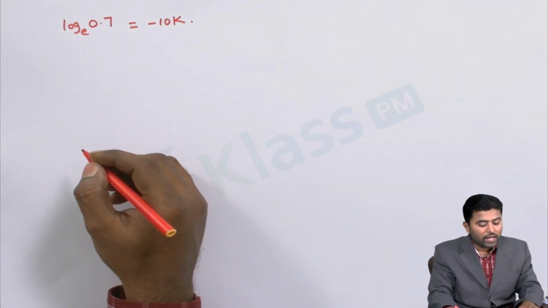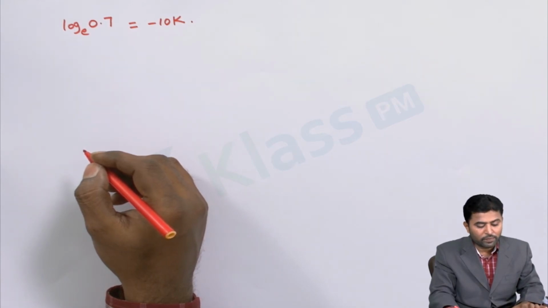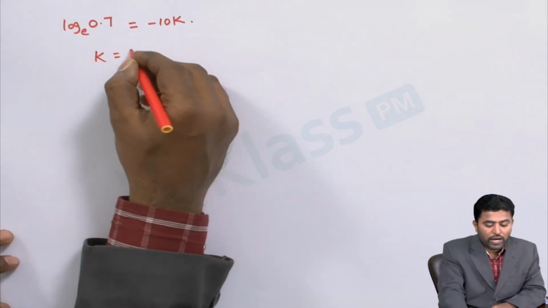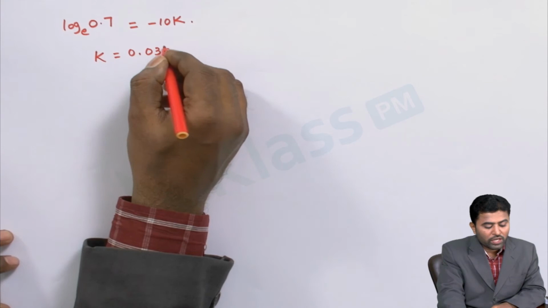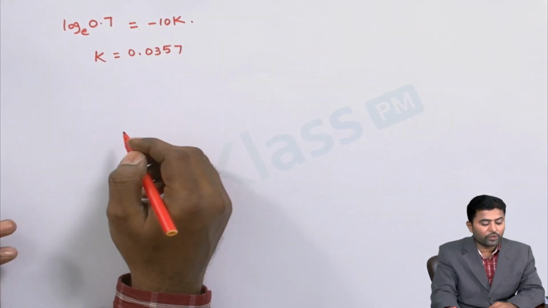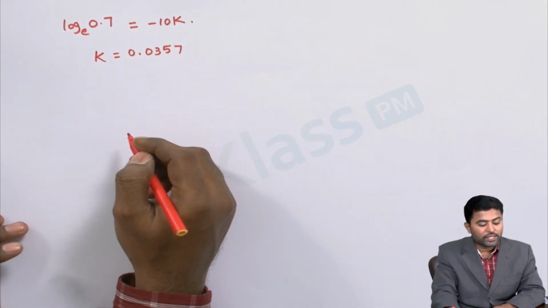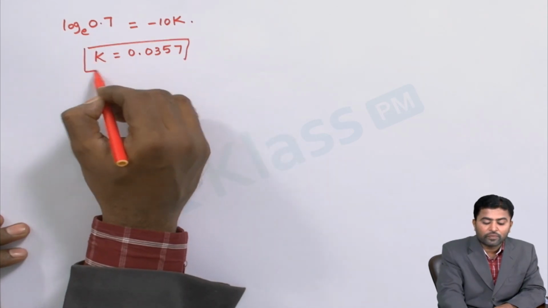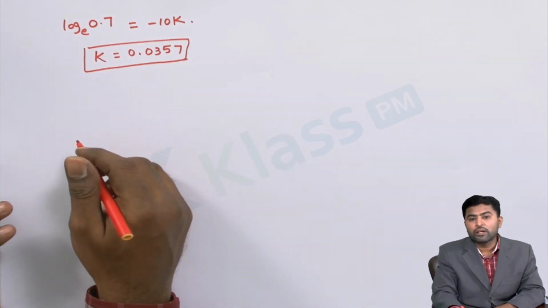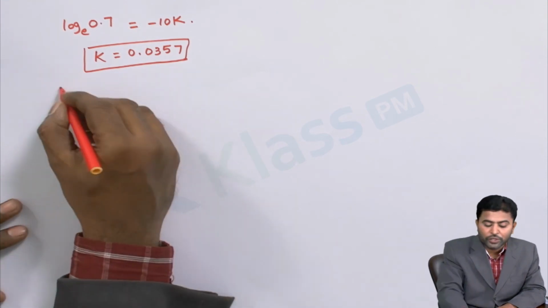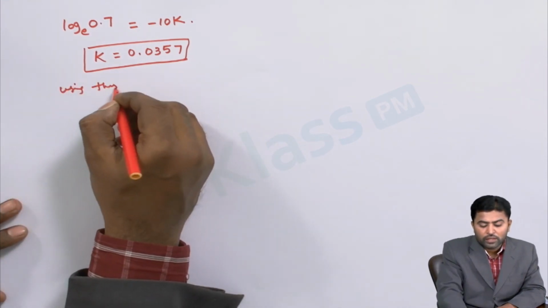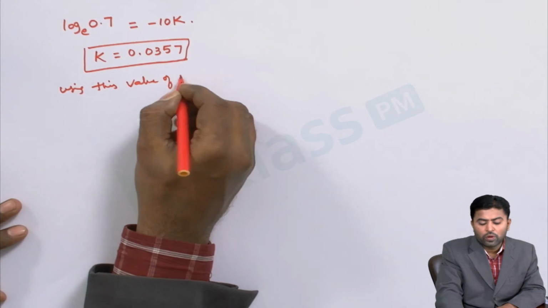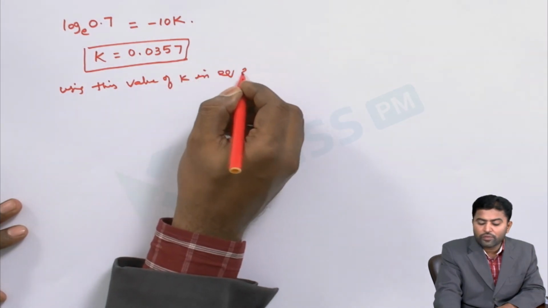Then k is ln 0.7 divided by minus 10. So that gives the k value as 0.0357. Yes, I got the value of k. Using this value of k in equation 2.